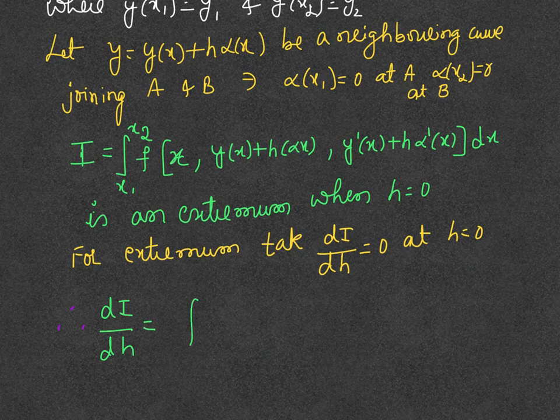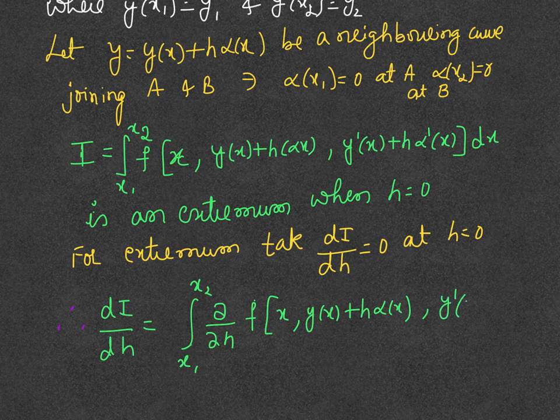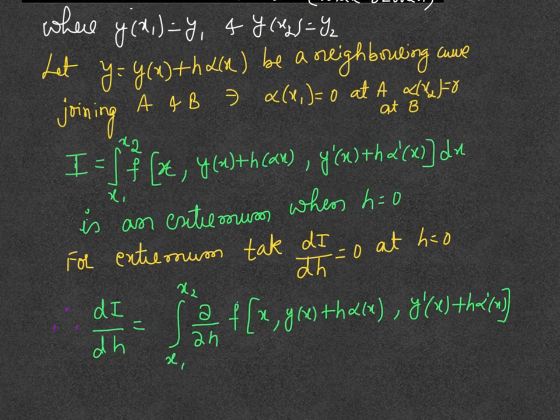When you differentiate the integral, the derivative becomes a partial derivative under the integral sign. So it will become dou by dou h of the function f of x, y of x plus h alpha of x, y dash of x plus h alpha dash of x, dx.